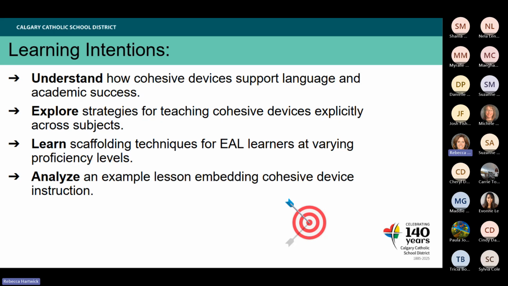So again, modeling strategies and explicit teaching for speaking as well as for writing. So hopefully, even our grade 1 students who are maybe not writing yet, anytime I'm speaking about cohesive devices, it's related to speaking as well.